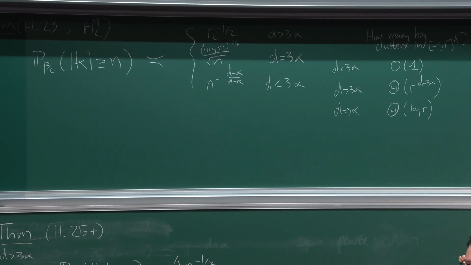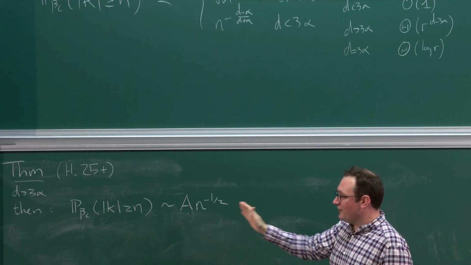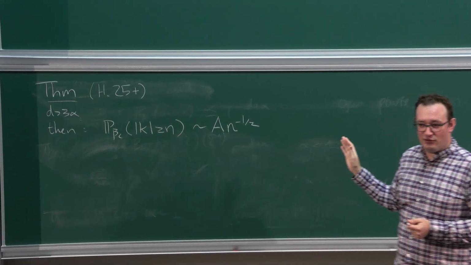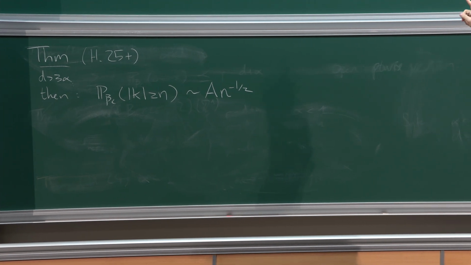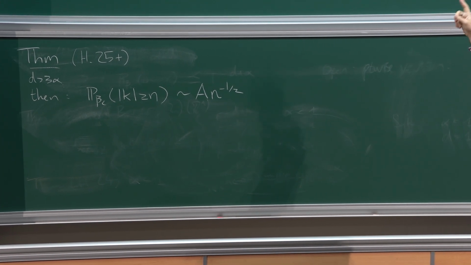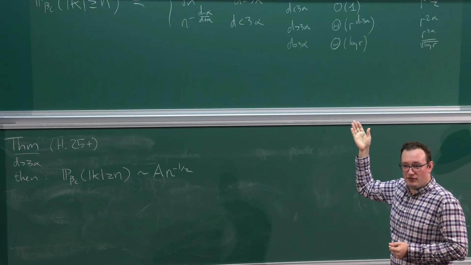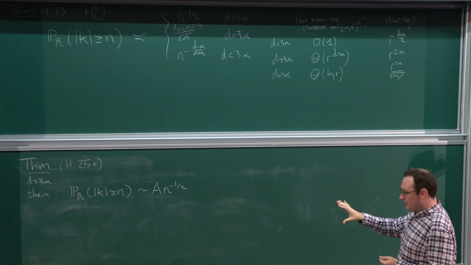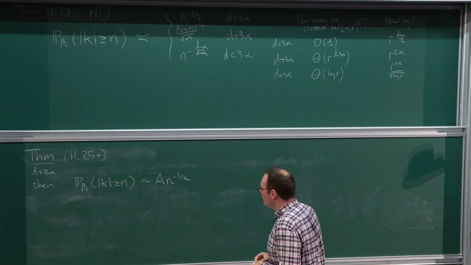I guess I wasn't thinking too much about it. Here I really wanted to get into scaling limits, and identifying precise first-order asymptotics was much less important, but actually you can go back and improve the d bigger than 3 alpha and d equals 3 alpha cases in the hierarchical case to give you precise first-order estimates with constants if you want. So this is the first thing.